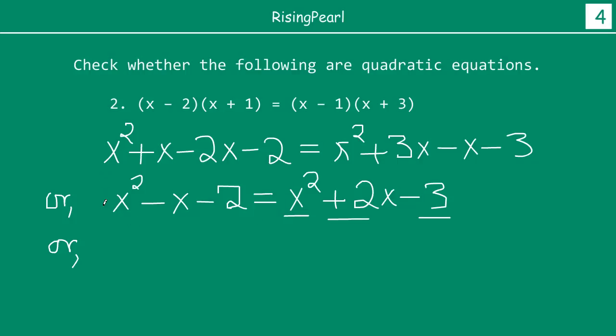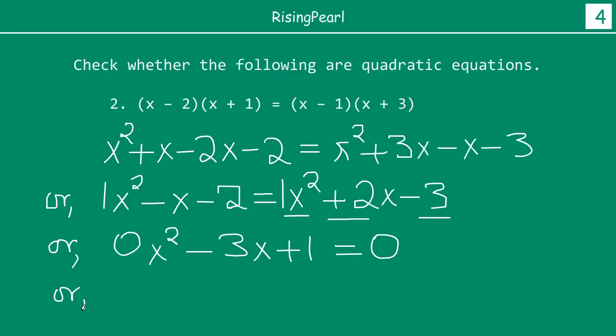So 1x square, and this one will become minus 1x square. So we will have 0x square. Minus x, this will become minus 2x, so this will be minus 3x. And this minus 3 will become plus 3, so plus 3 minus 2 plus 1 equal to 0.